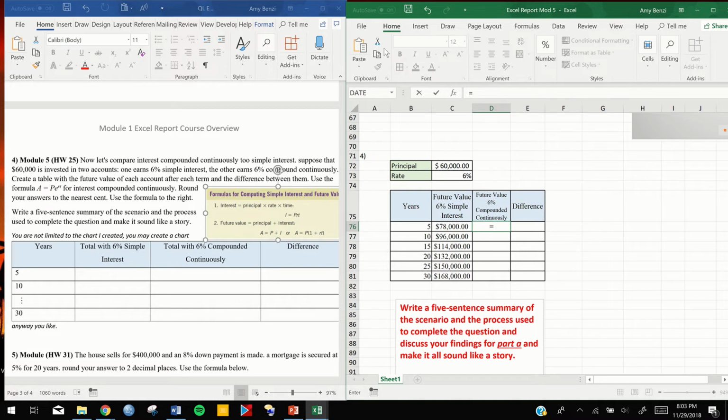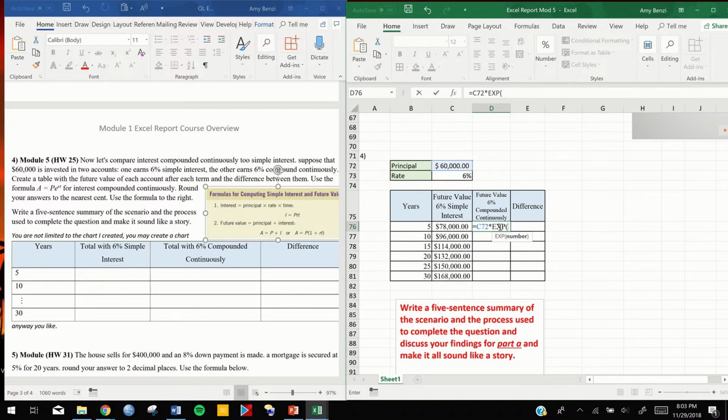Here, just click. What do we want here? The principal times E. So I'm just going to type E into my keyboard, and you see how Excel brings all of these things up. And it's EXP. And then we just put in whatever it's being raised to.